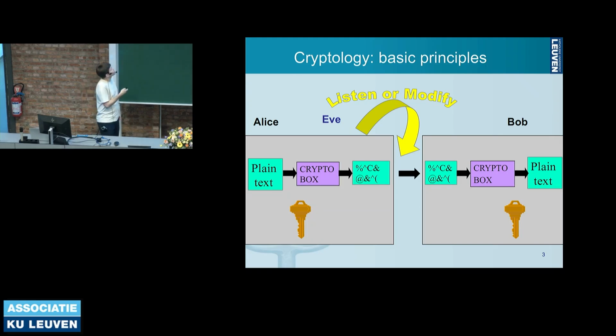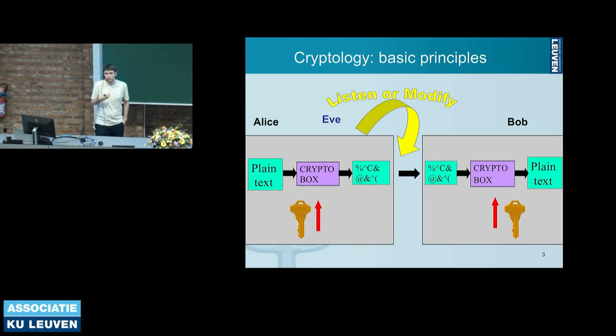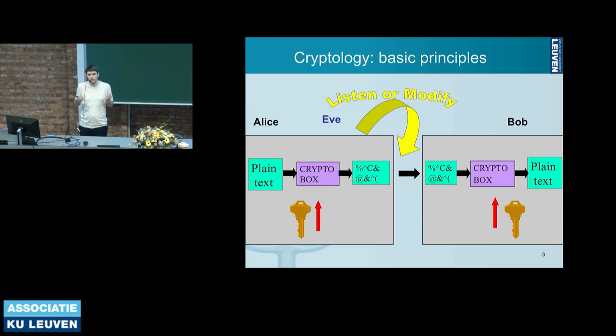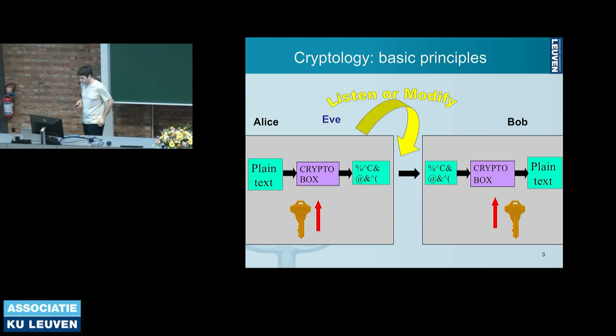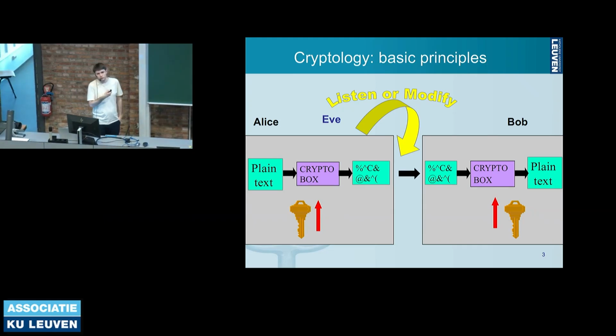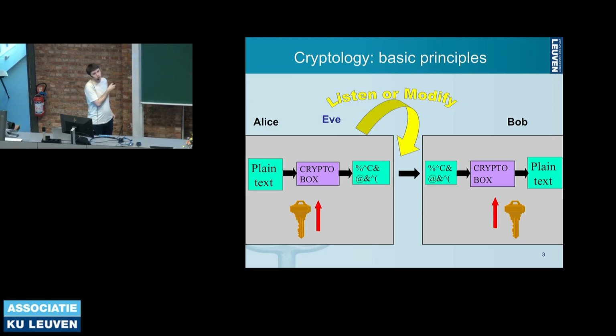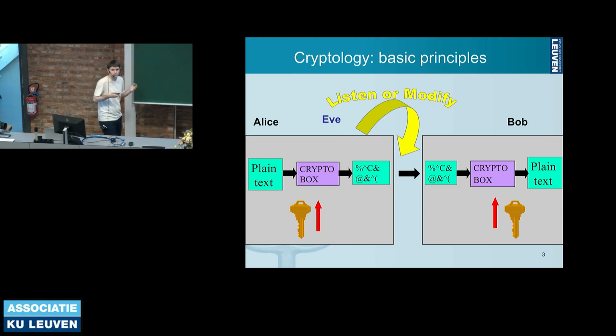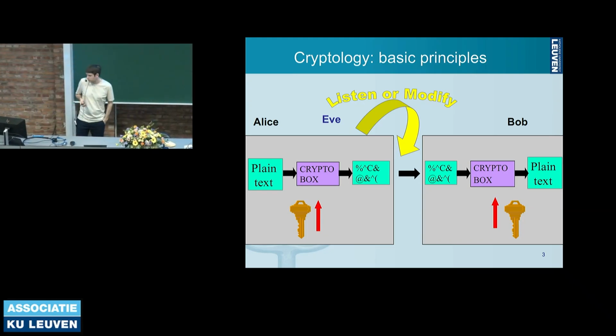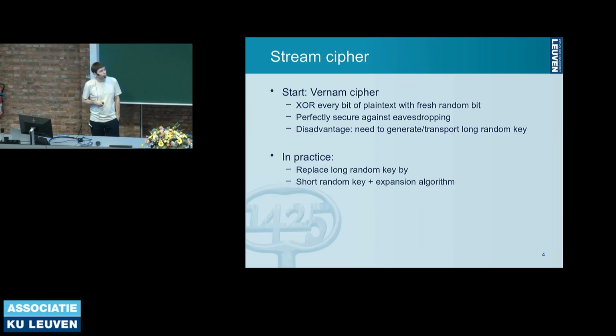That's where this key comes in. This key is what we assume is a shared secret of the 2 parties. One of the basic principles is that all of the secrecy comes down to the secrecy of the key. The crypto box itself, how it works, can be publicly known, but the key should be secret. Okay, so that's the very basic principle.